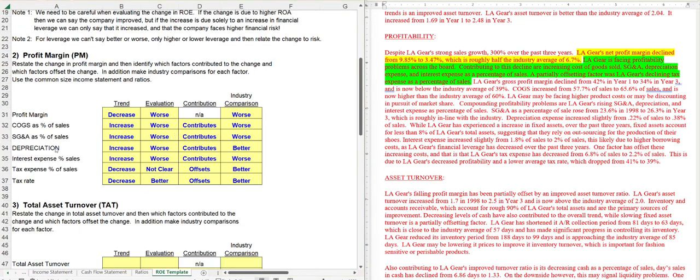Next, I'm going to want sentences on SG&A, depreciation expense, and interest expense. So, compounding our problems, LA Gear's rising SG&A and depreciation expense as a percentage of sales. SG&A went from 23 cents on the dollar up to 26.3% in year 3. And that's roughly in line with the industry averages.